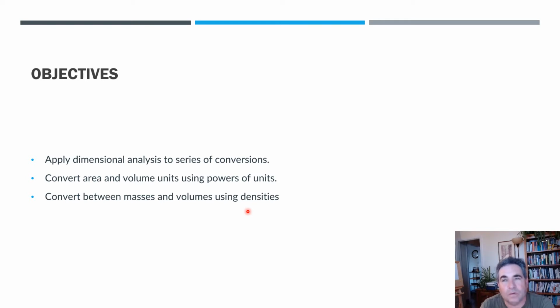And you are just not trying to randomly put things together, or you're not trying to just remember formulas. Instead, you're putting together a route that will take you from the information that you have to the information that you want. So keep that in mind when you're working through some of these more complicated unit conversion problems.